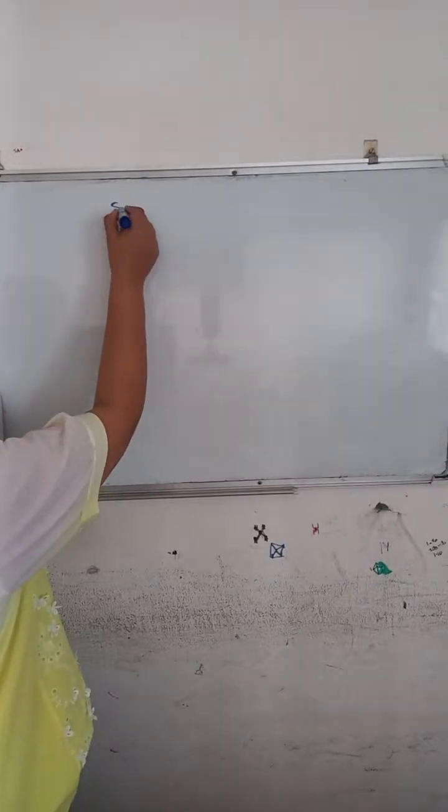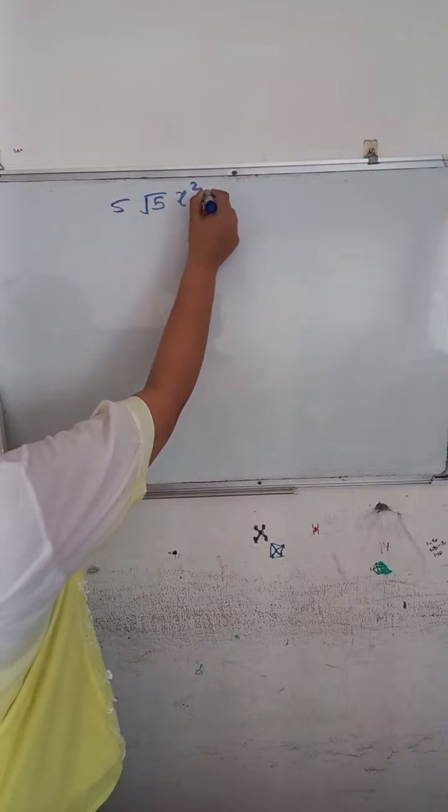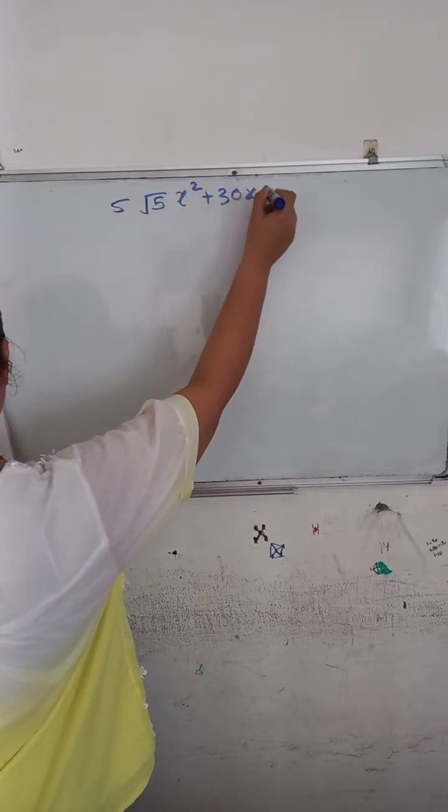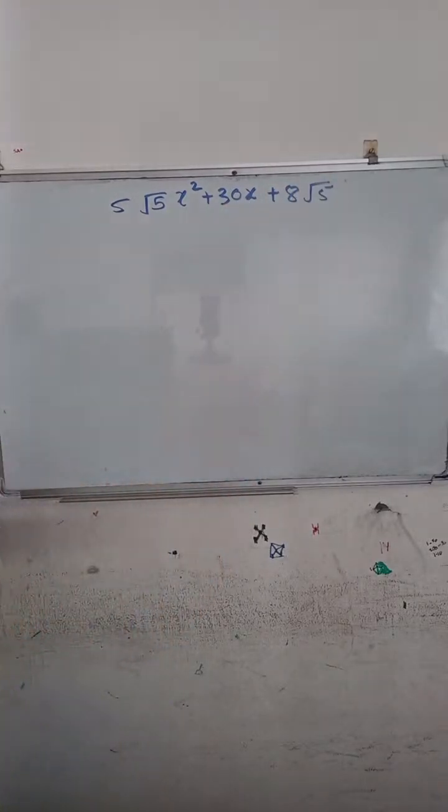The given polynomial is 5 root 5 x square plus 30x plus 8 root 5. Okay, so this is the given equation.